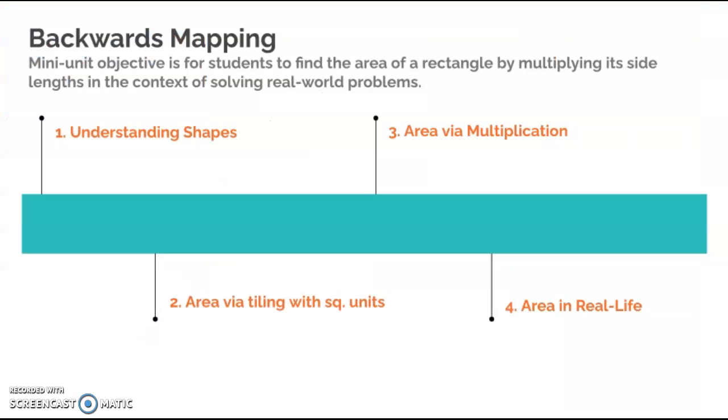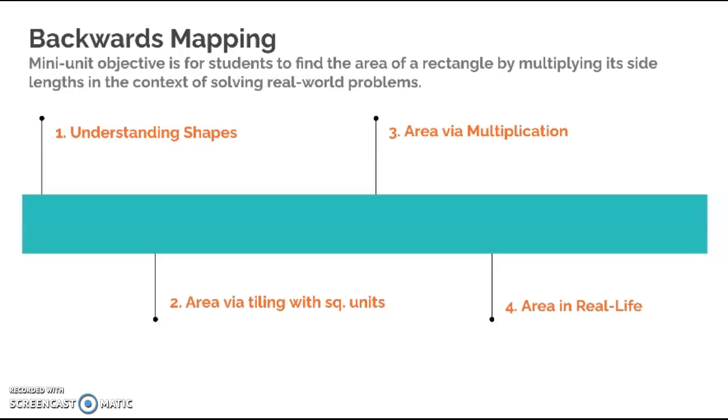And this leads into my backwards mapping. This is how I decided how I would formulate this unit, because I knew that the end result I wanted was for them to be able to complete that dream house packet. So what do I need to do to get them to that place? I knew that I wanted them to be able to understand the multiplication of the area, but I wanted it to make sense.